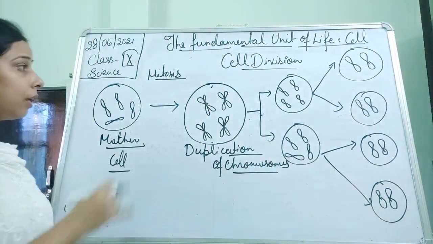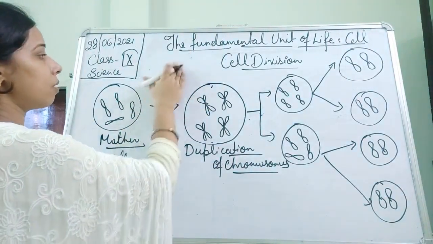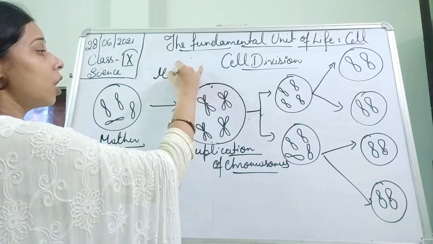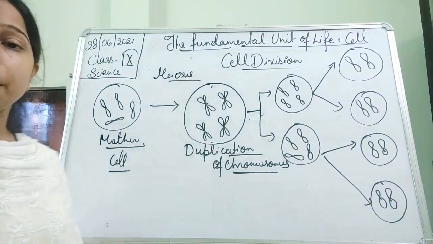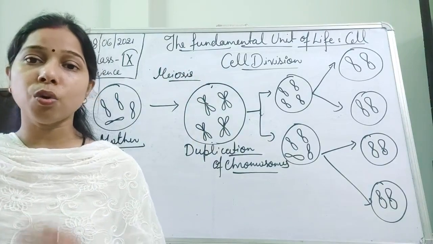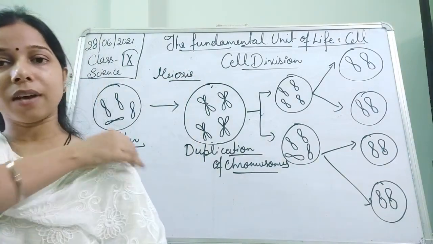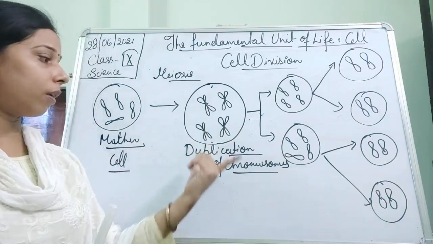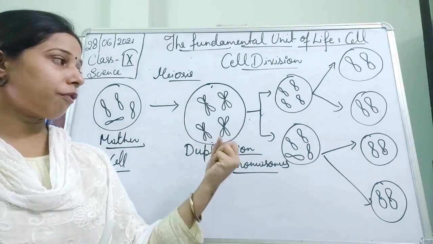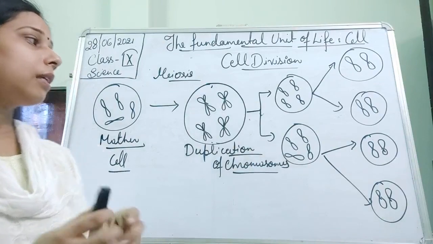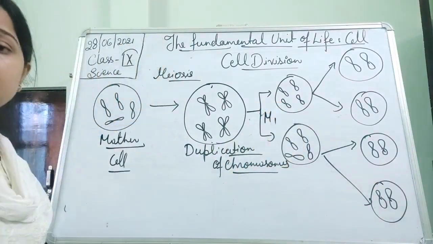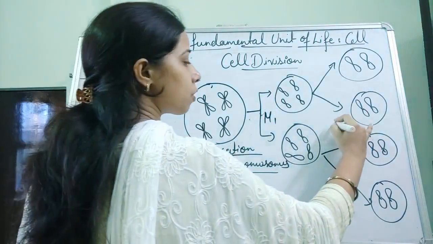This is not the case in mitosis, but this is in the case of meiosis. So in mitosis, the parent cell divides into 2, while in meiosis it divides into 4. Here also the division occurs in which duplication of the chromosomes occurs, but this is the first phase, represented by M1, and this is the second phase, called M2.